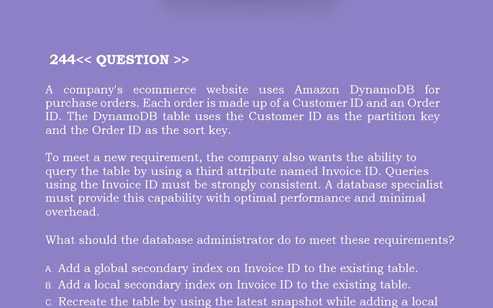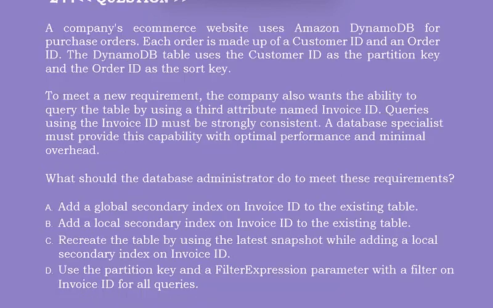To meet a new requirement, the company also wants the ability to query the table by using a third attribute named invoice ID. Queries using the invoice ID must be strongly consistent. A database specialist must provide this capability with optimal performance and minimal overhead. What should the database administrator do to meet these requirements?